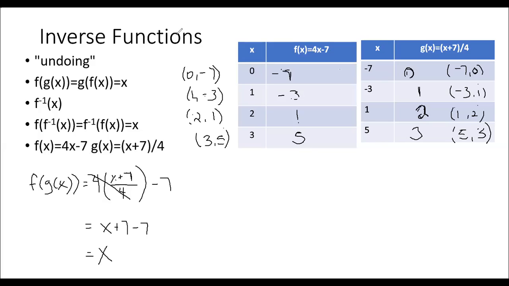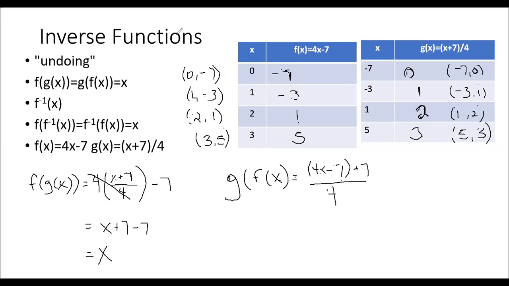Likewise, we want to plug f of x into g of x. So our g of f of x is going to equal, we're going to take g of x, which is x plus 7 divided by 4. Instead of x, we're going to plug in our f of x, our 4x minus 7, plus 7, divided by 4.